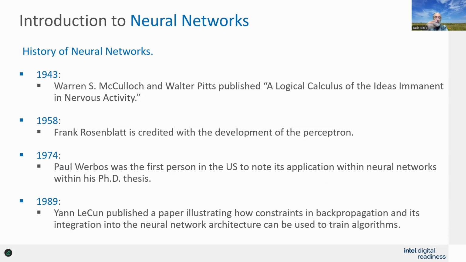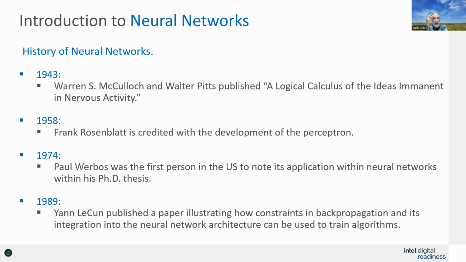Well, there is a history that goes with this. The initial idea goes back to Warren McCulloch and Walter Pitts, who came up with what they called a logical calculus of the ideas immanent in nervous activity.